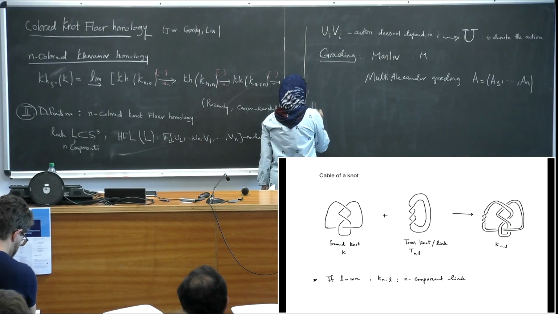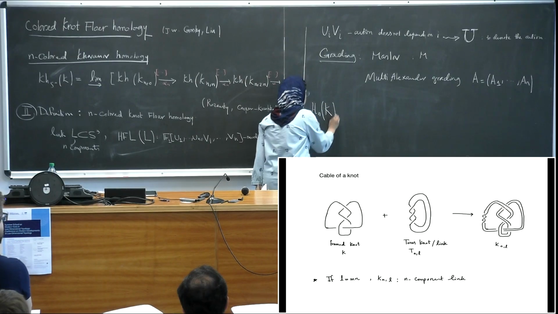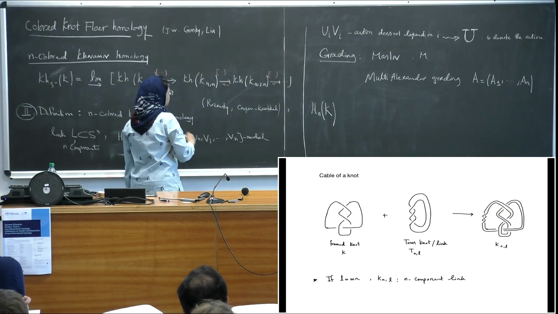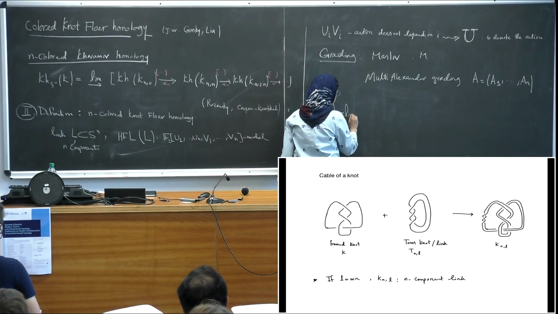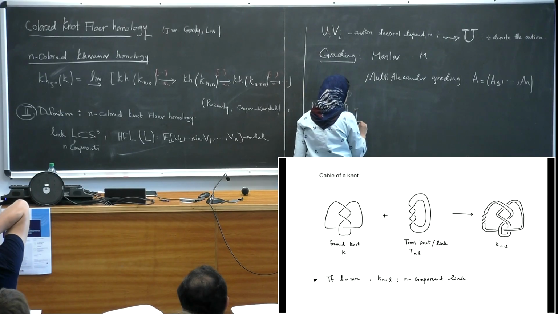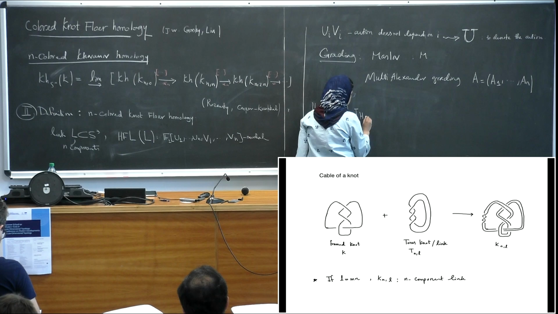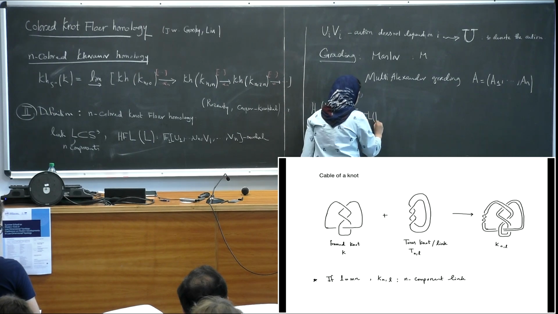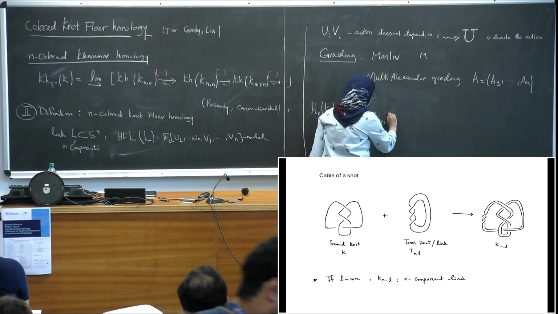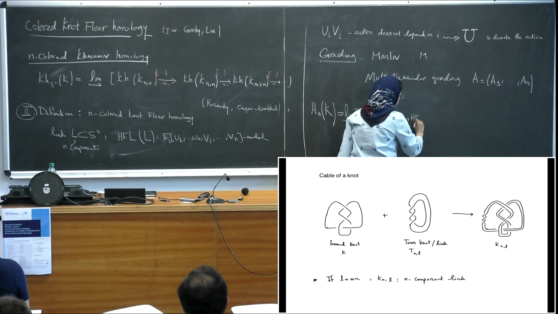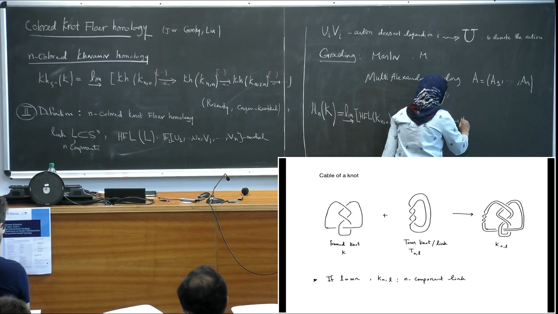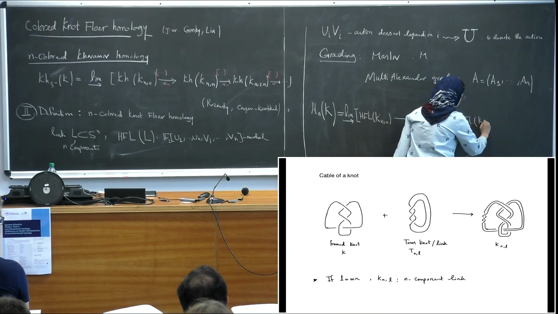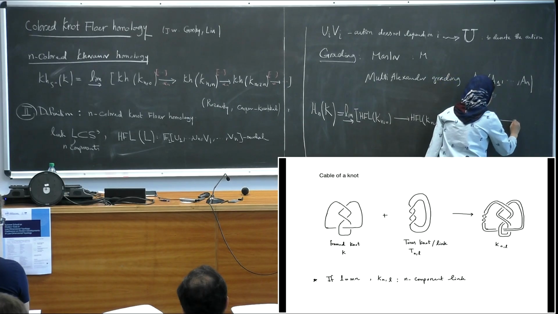Then the n-colored knot Floer homology, following this pattern, is going to be defined as the direct limit of link Floer homology for K_{n,0}, link Floer homology for K_{n,n}, link Floer homology for K_{n,2n}, and so on.